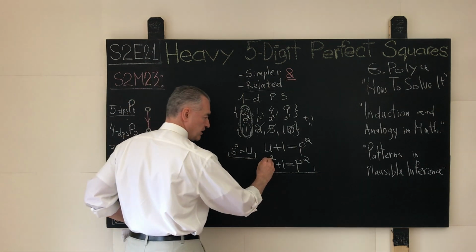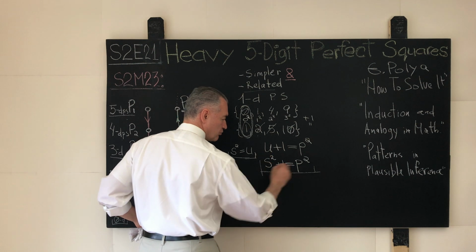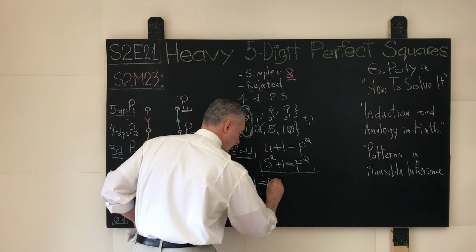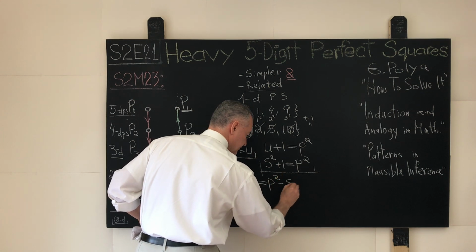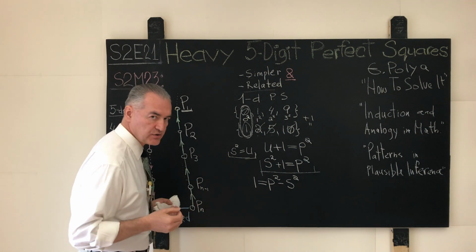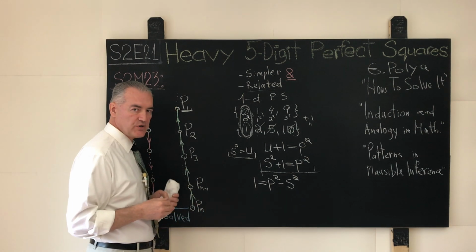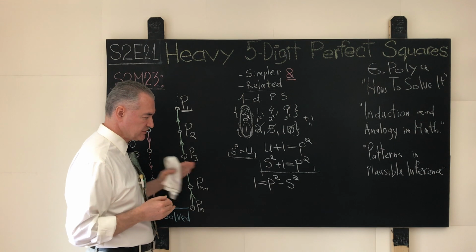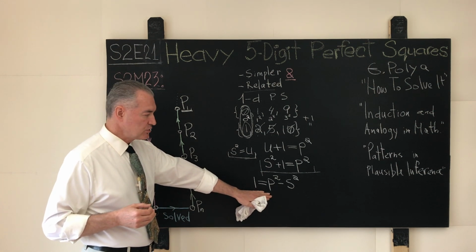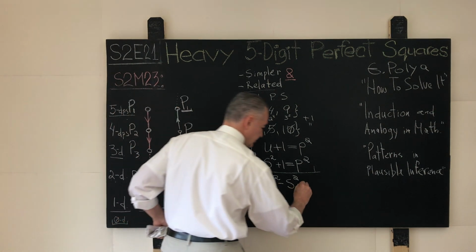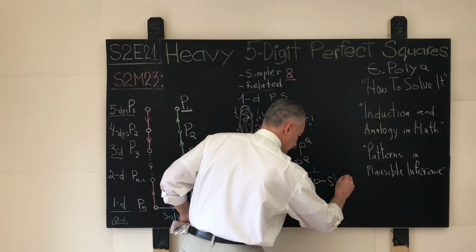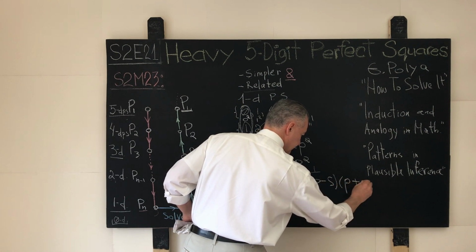In other words, if we add negative S squared to both sides of the equal sign, what will we have? 1 is equal to P squared minus S squared, and even though this is a recreational problem that deals with elementary number theory, even still, this is a very favorable construct. Because why? Because now we know how to factor this expression. This is a difference of squares, can be written as P minus S times P plus S.